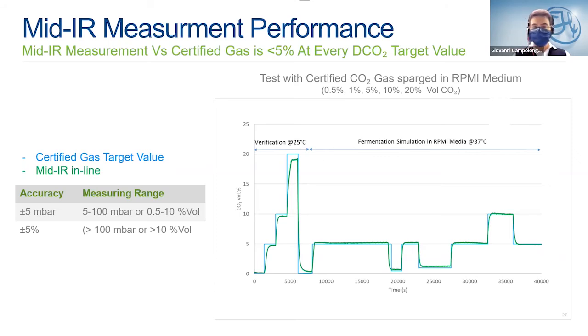That means, for example, that if we consider 20% as the target value and 5% is the relative accuracy at 20%, 5% of 20 is 1%. That means that the absolute accuracy of Control at 20% is plus minus 1% volume, which means that the measurement of Control can be between 19 and 21%. And it's probably the most accurate dissolved CO2 measurement that you can obtain in line at the moment.